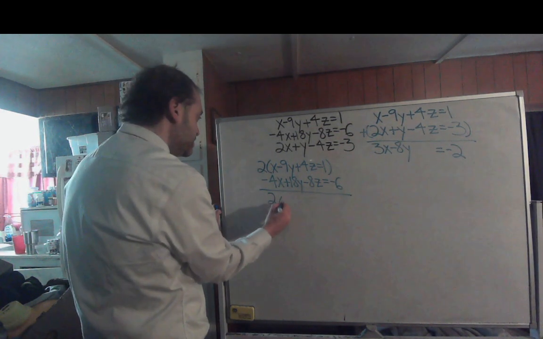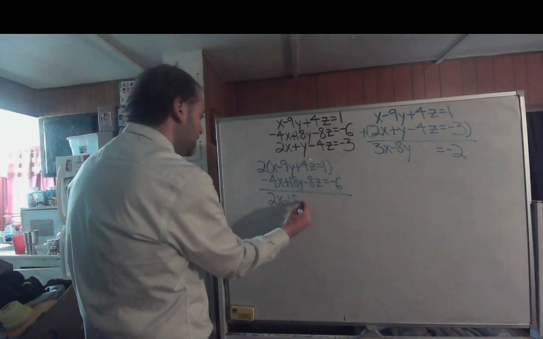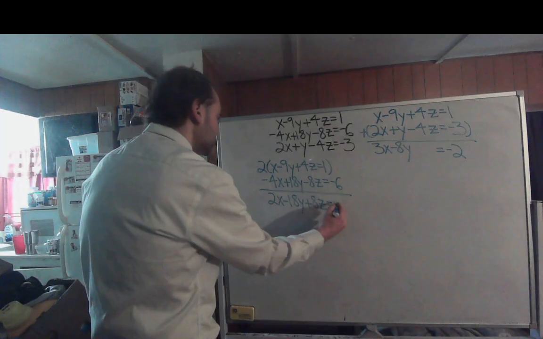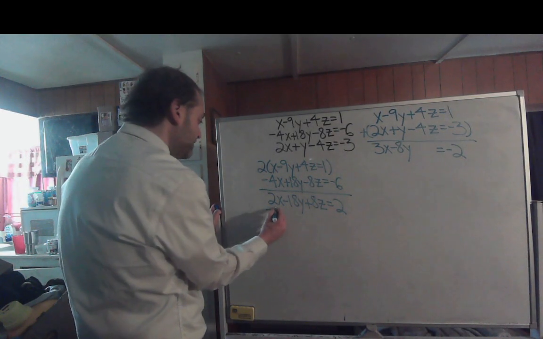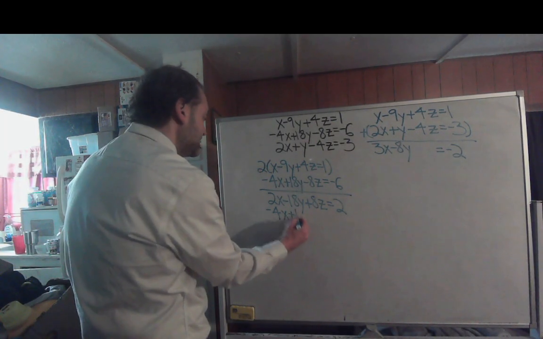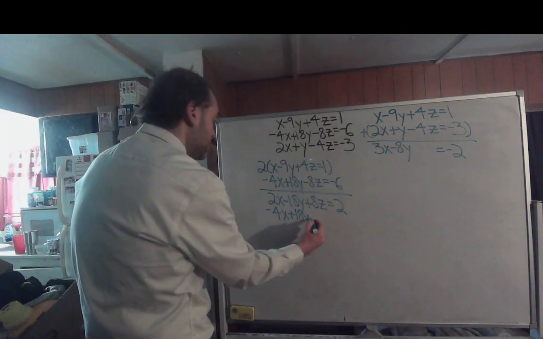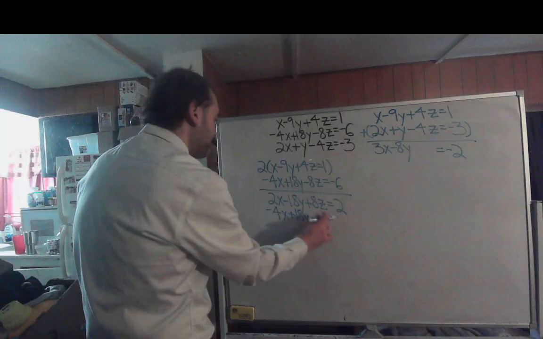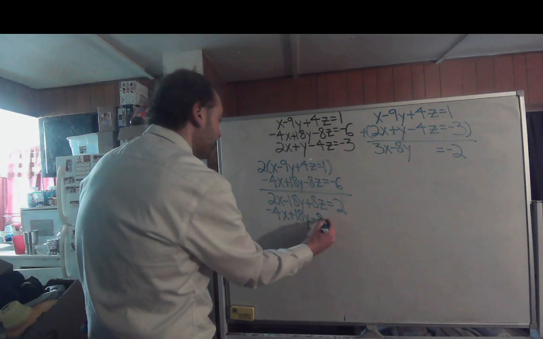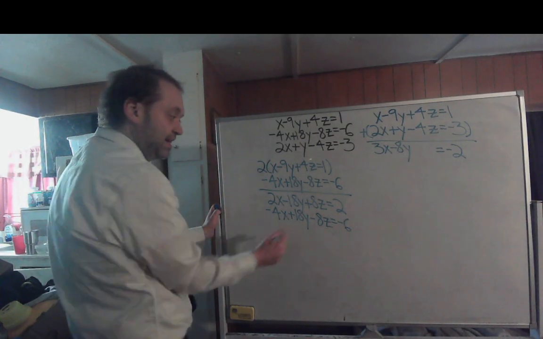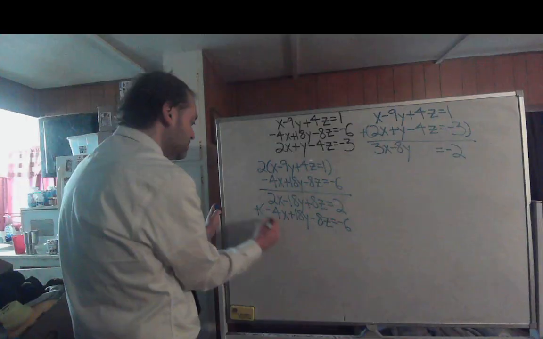That's going to give me 2x minus 18y plus 8z equals 2. And then I'll have negative 4x plus 18y minus 8z equals negative 6. I can just add these together and eliminate my z variable.